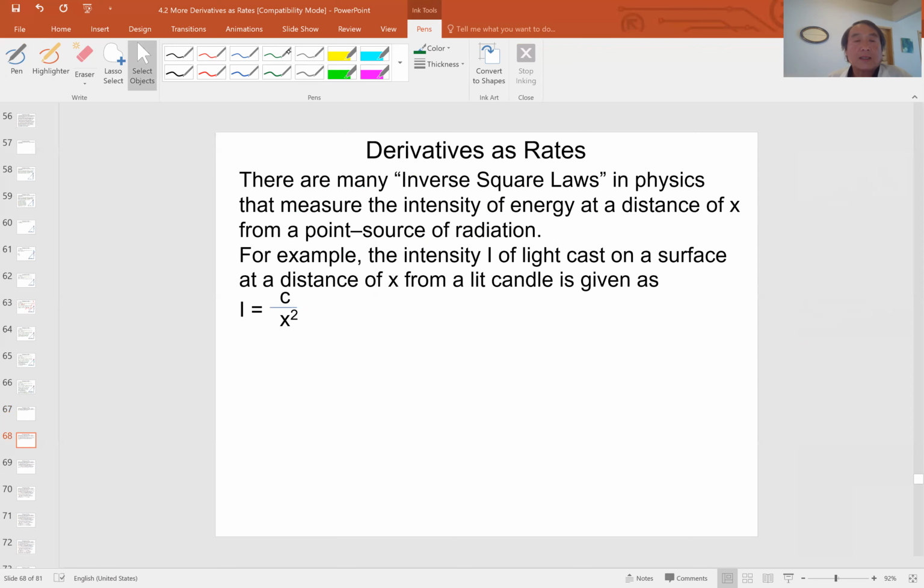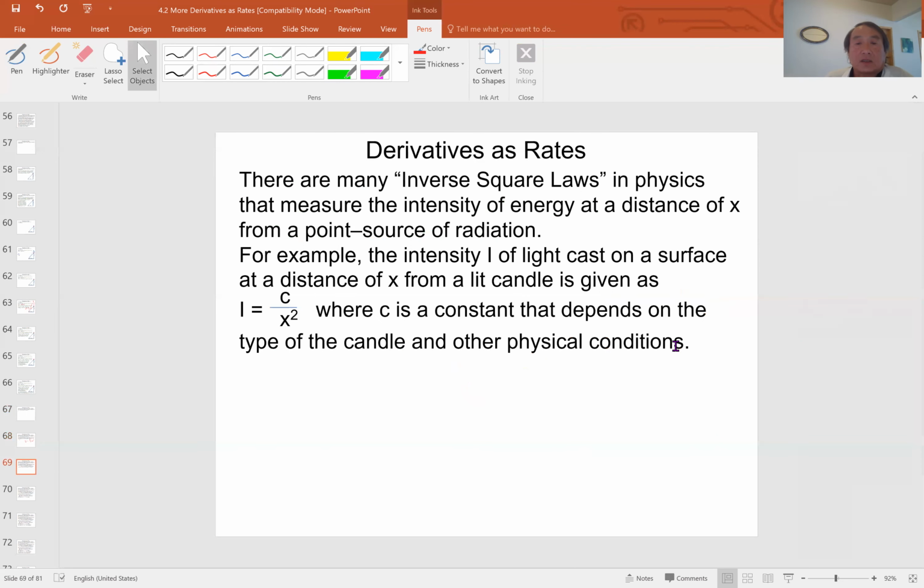Basically it is in this form: y is equal to some number divided by x squared, that's why we call this the inverse square law. The x squared is in the denominator. Usually x is the distance.